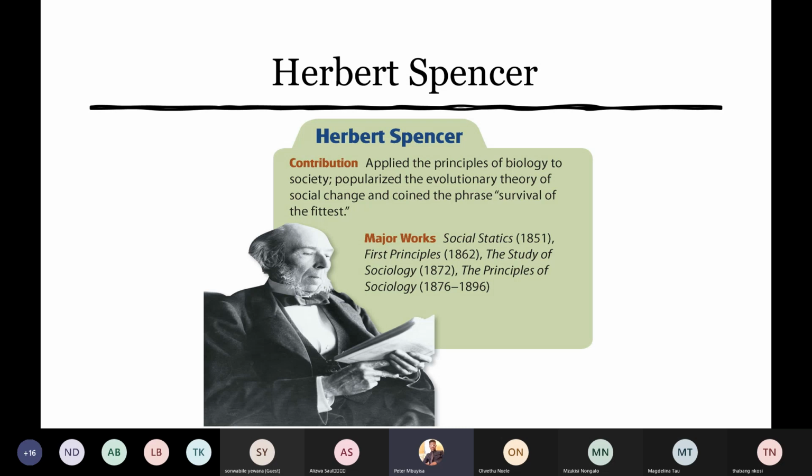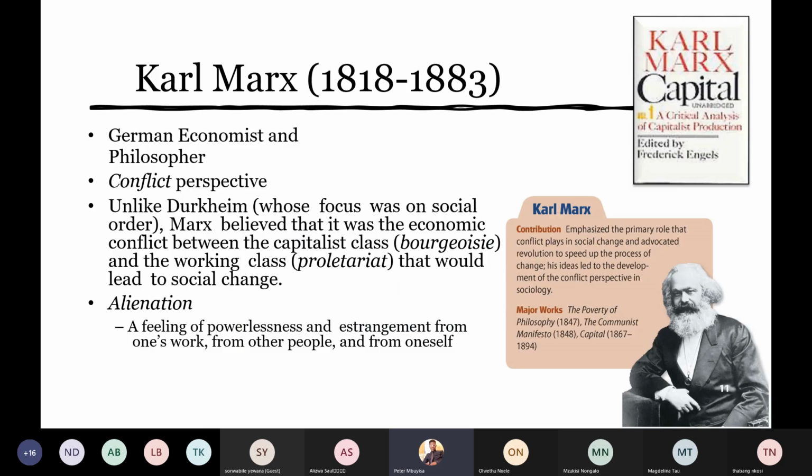That's why one nickname given to Herbert Spencer is that he came up with social Darwinism, in a way. Let's understand how conflict, how our fight for resources, actually influences how we act in society.